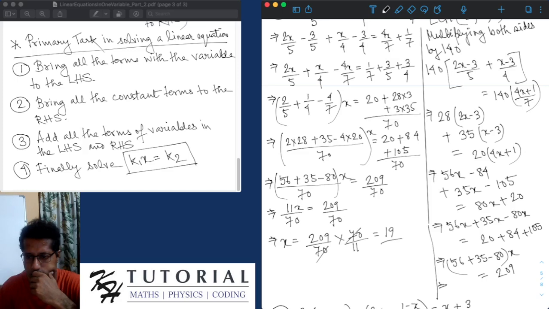Now this implies 56 plus 35 is 91, and 91 minus 80 is 11. So 11x equals 209.